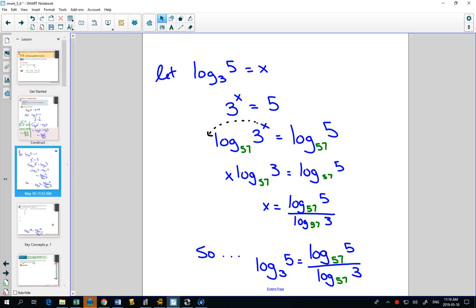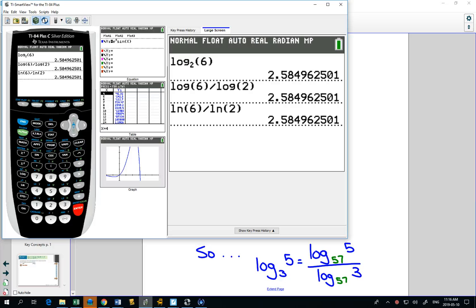But if you can't type in the base of 3, as many scientific calculators cannot, making the green number 10 is really useful, because now I can go to my calculator and just go log 5 divided by log 3.